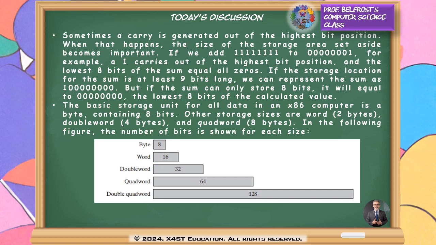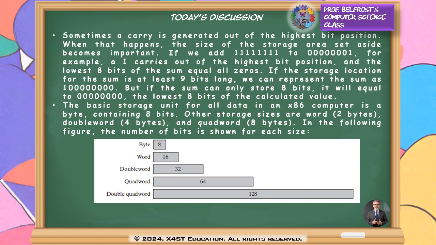You will only store 00000000 when you should, on the other hand, store 100000000. So only the lowest 8 bits will remain. You need to consider this. Actually, every time you do any operation, you should always consider this.